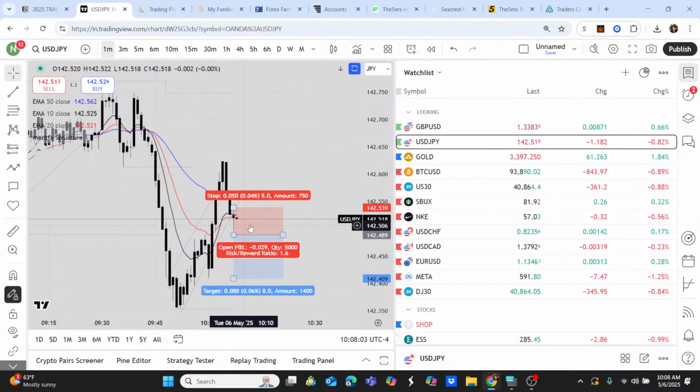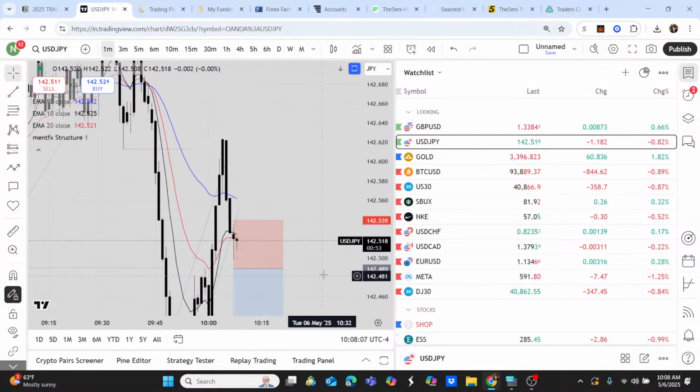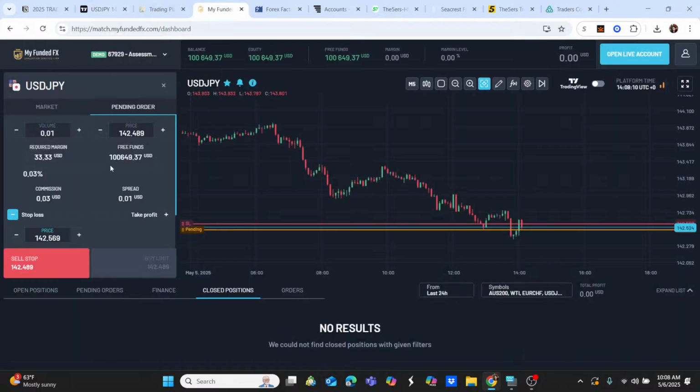Okay, that's the pause. As long as it doesn't re-break through the MAs, that looks good to me. 142.539. How much is that?